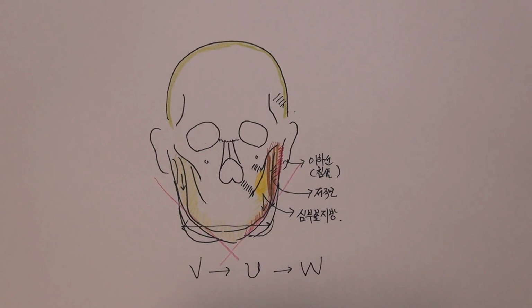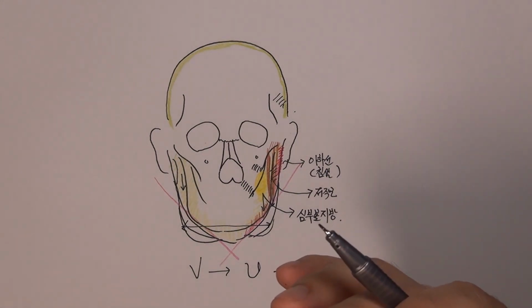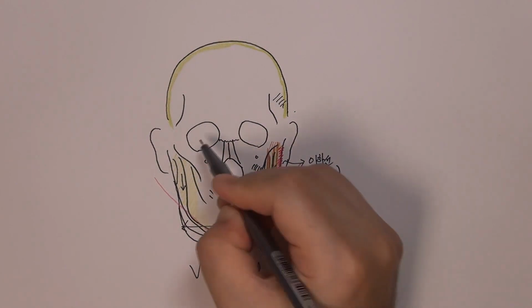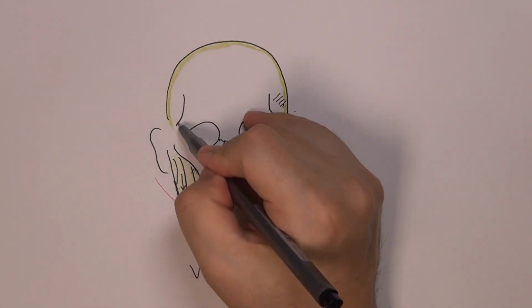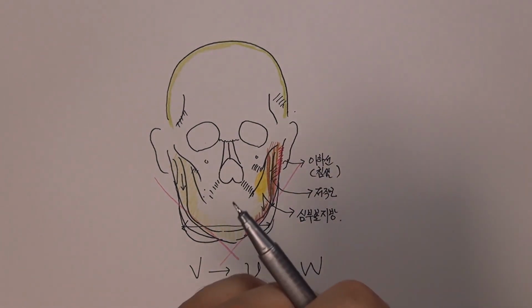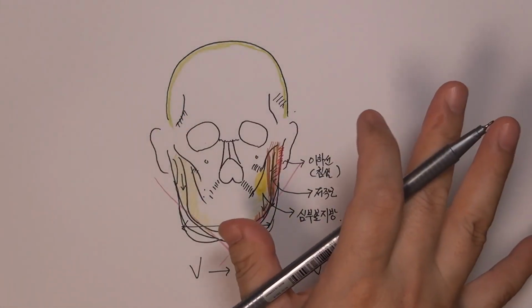Therefore, initially, volume replacement with filler injection or fat injection is effective. This volume replacement can obliterate the prominence of the borderline between nearby different types of facial soft tissue.